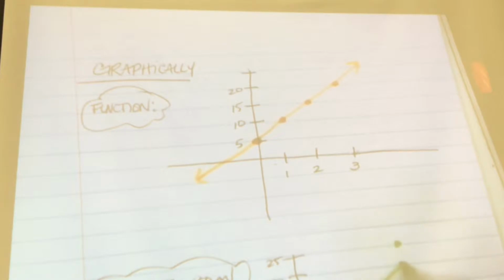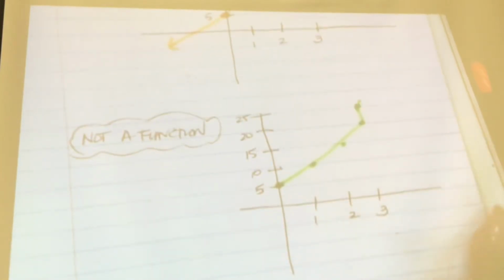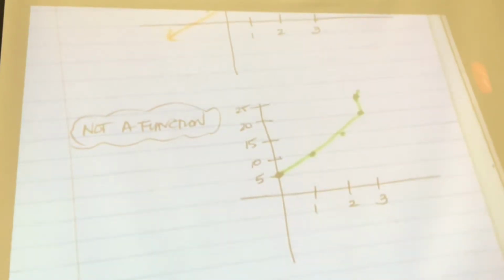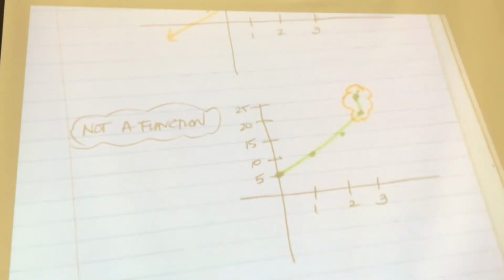So it's a straight line, and then it goes straight up. Notice that you have one x value that gave you 2 different y values. So this one is not a function.